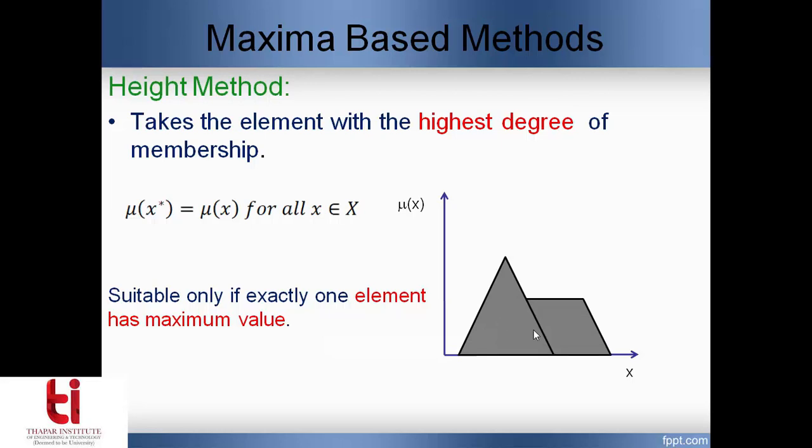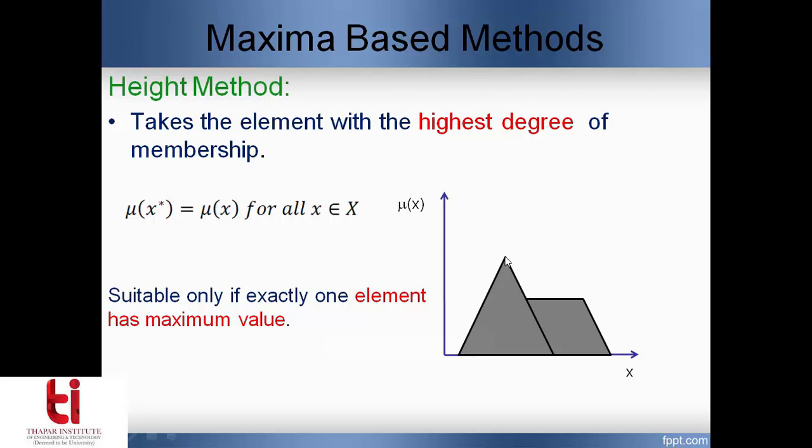Consider this. Let's say I had two rules, and from them, for the input, I am getting this aggregated fuzzy output set. It is satisfying the two sets, and it has this kind of shape. So according to the height method, the crisp value of the output would be the value of the element which has the maximum membership.